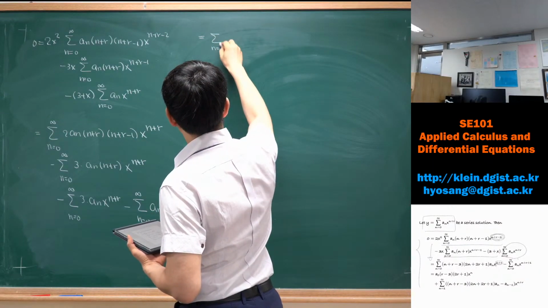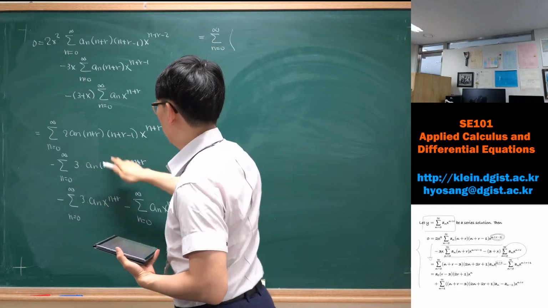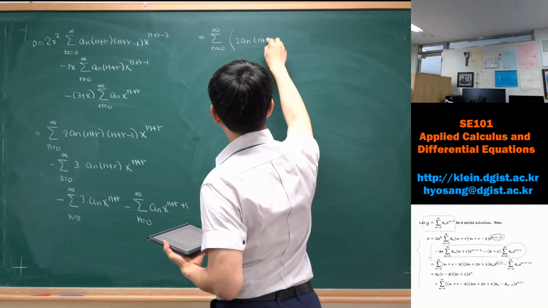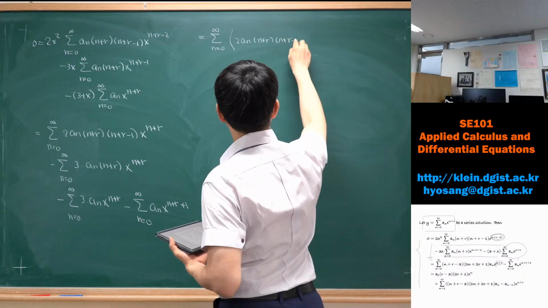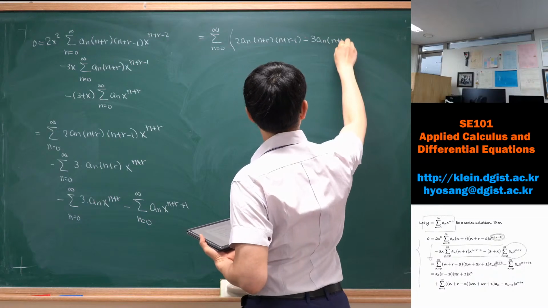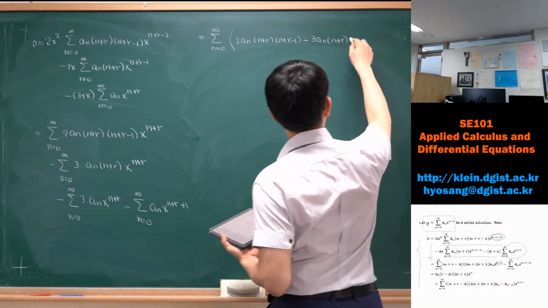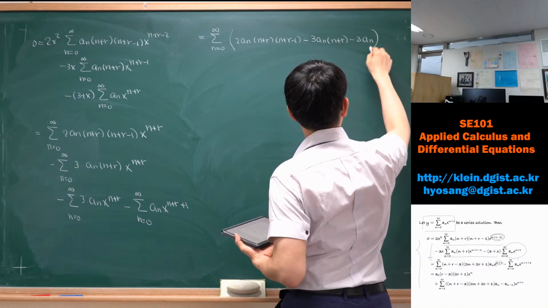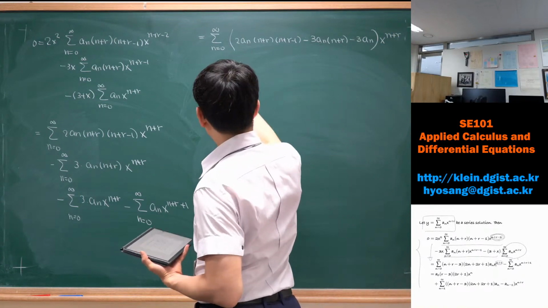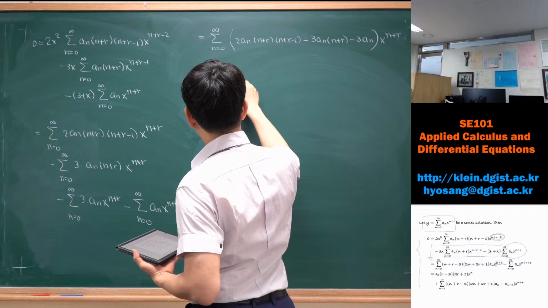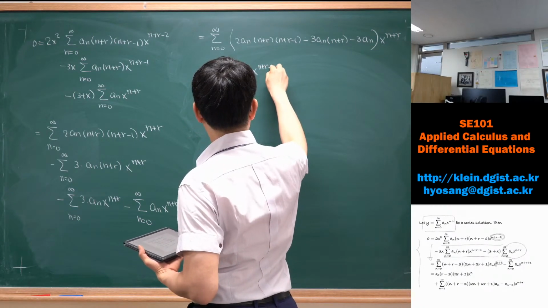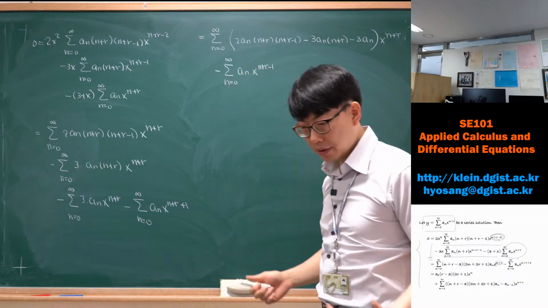So we have the sum from 0 to infinity of the combined coefficient 2 a_n (n plus r)(n plus r minus 1) minus 3 a_n (n plus r), then minus 3 a_n x to the n plus r, and then minus the sum of a_n x to the n plus r minus 1.